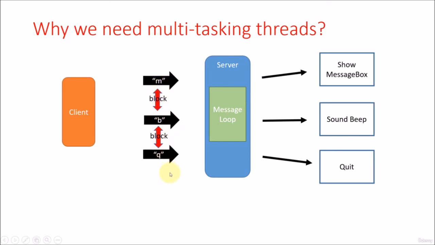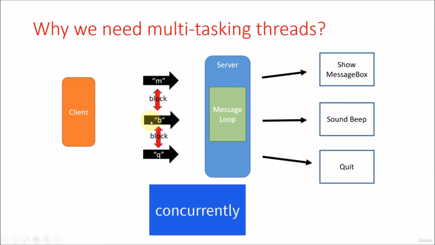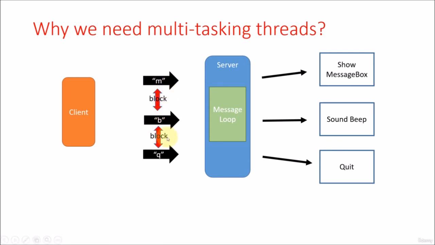So that is a distinct disadvantage for the server. It would be ideal if we can have a server that can process messages concurrently at the same time without having to wait for the first one to complete. So that concept is known as threads. We can use threads in order to accomplish that design goal.